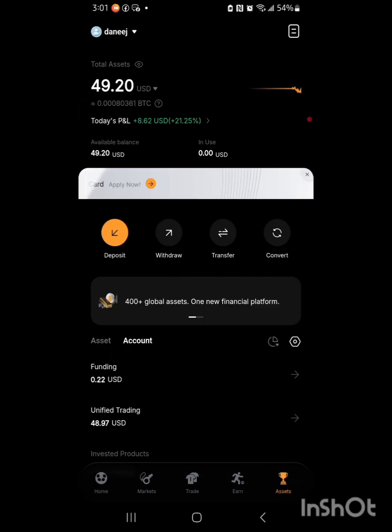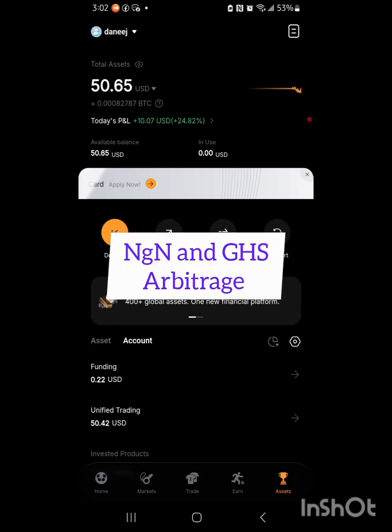That's the reason I'm going to use it in this scenario, to show you how to exchange your own local currency to another country's local currency and capitalize on the little differences. Keep in mind, all of this can be done with a country that is slightly related to your own. In this case, we are going to do it with Nigeria and another country called Ghana.